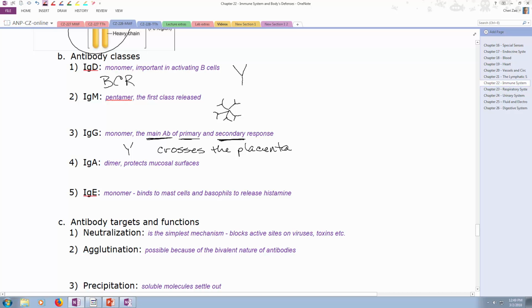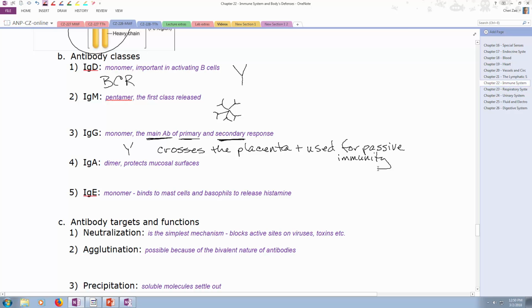And this is the one we use for passive immunity. And so a gamma globulin shot is IgG. And so whenever we are giving people antibodies from other animals, we are actually preferentially giving them IgG class antibodies.